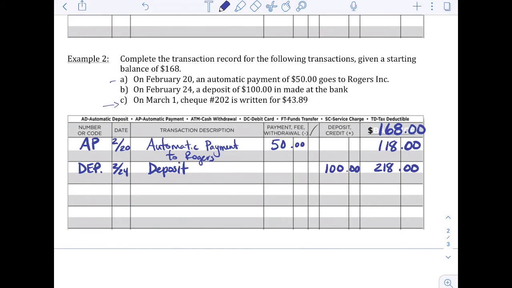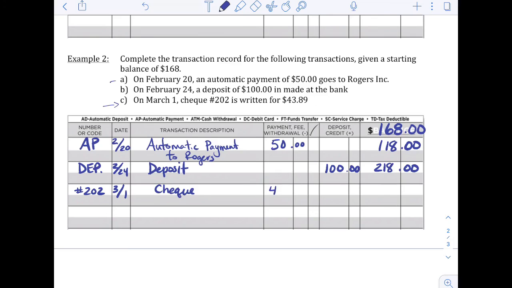And finally, the last one. It says on March 1st, a check is written for $43.89. So March is the third month, and 1 is the day. Our check number 202 is written. So we say a check was written to somebody.